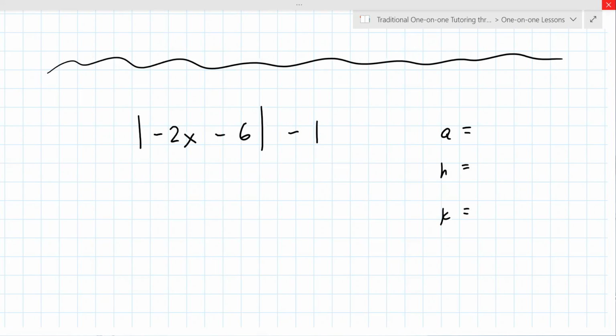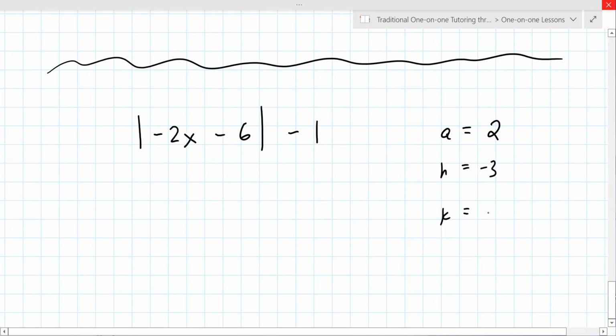I finished it. All right, so did you get a is 2, h is -3, and k is -1? I got a is -2, h is 3, and k is -1. Okay, so let's factor out a -2 from both of these.